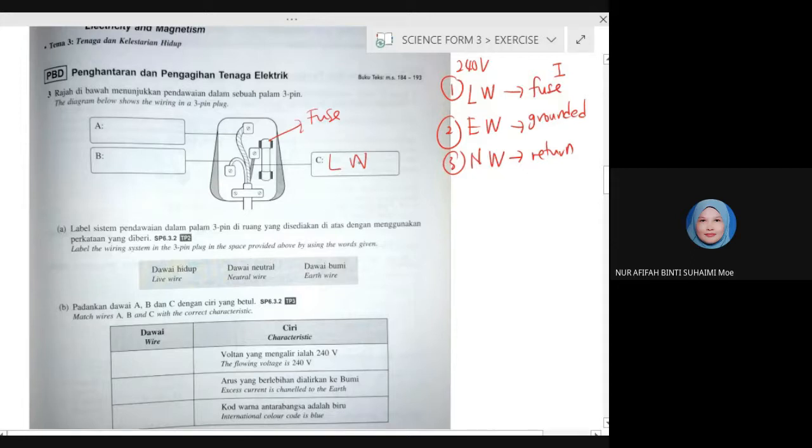And then, where is earth wire? Earth wire has a yellow green stripe. A. Okay, this one is earth wire. Brings the excess current to the ground. And then this one is neutral wire. Okay, the blue one.